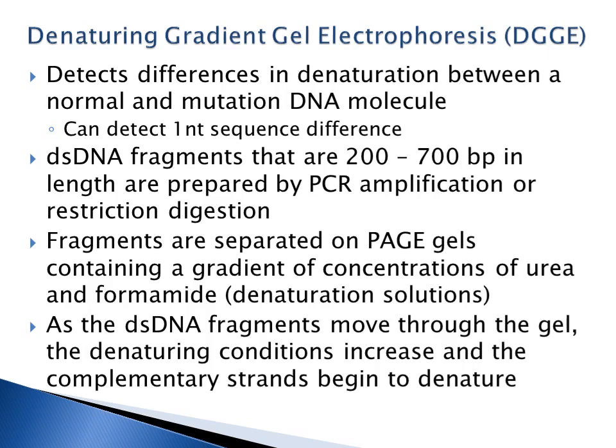And urea and formamide are denaturation solutions, so they're going to denature double-stranded DNA. So as those double-stranded DNA fragments move through that polyacrylamide gel, the denaturing conditions increase as it moves through the gel. So the complementary strands, the double strands, are going to begin to denature and become single-stranded.